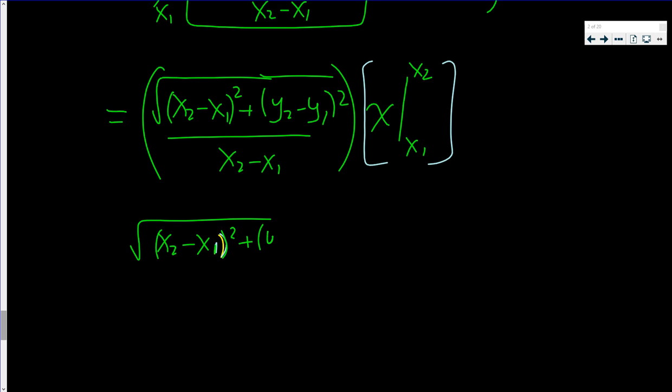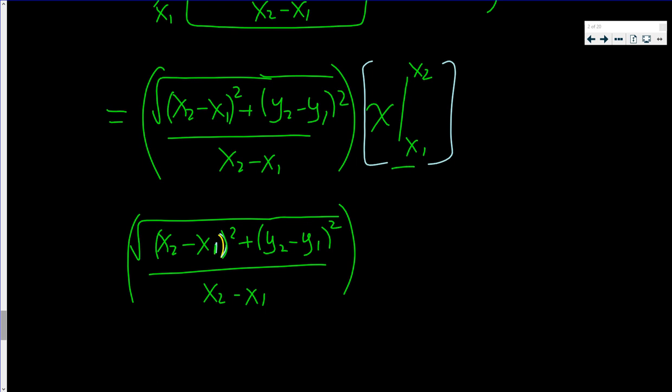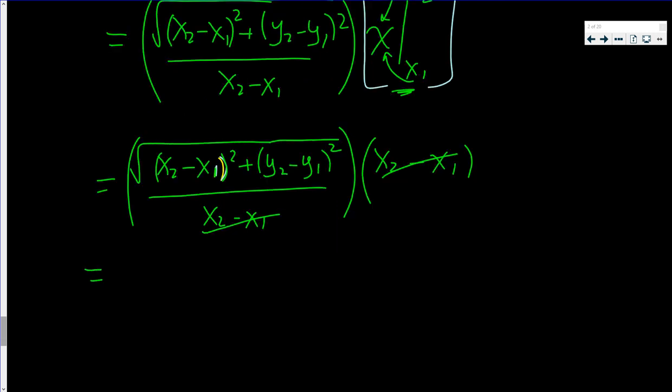Squared plus y2 minus y1 squared, all over x2 minus x1, and all of this gets multiplied by that. Well, first you plug in x2 for x, minus, then you plug in x1 for x, and we are done. This cancels out. And then what we get is the square root. We just get the numerator.